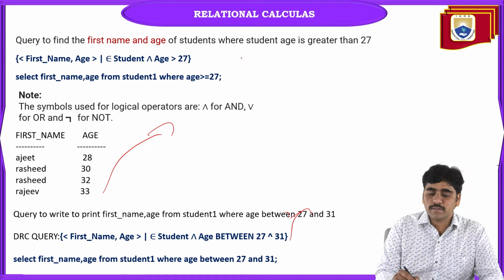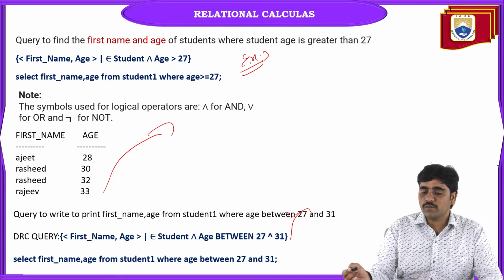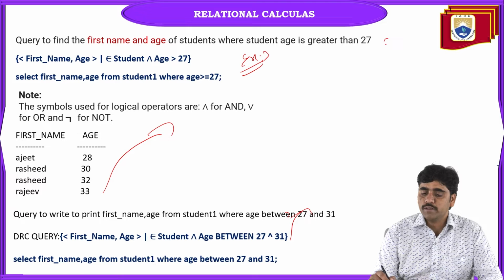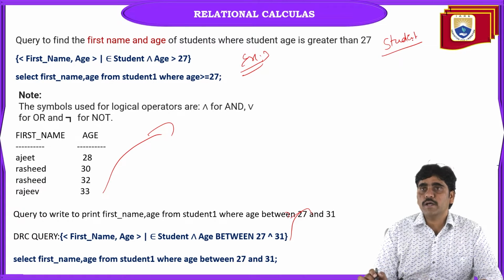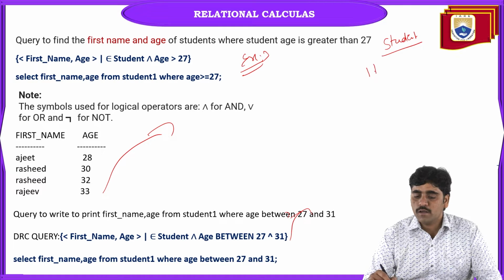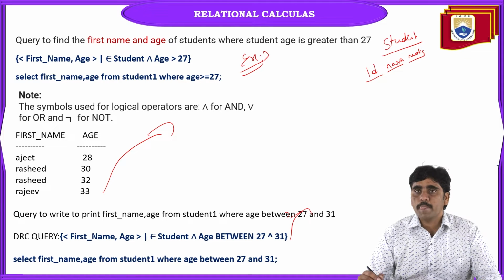Suppose you take another example, like example 3. Suppose you have a student table, and this student table has ID, name, comma, marks. The IDs are 101, 102, 103, and the names are Smith, Rani and Raj, with marks 76, 84 and 96.